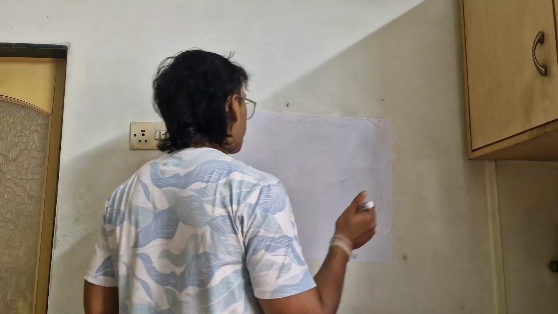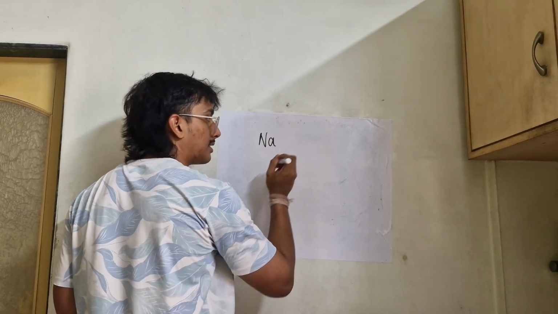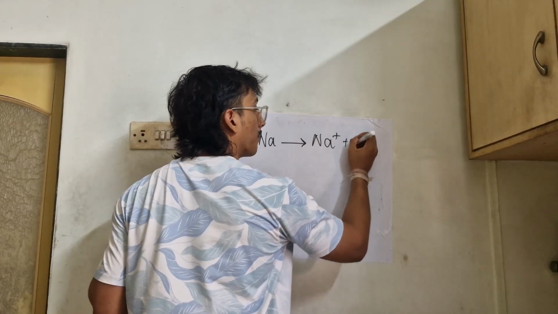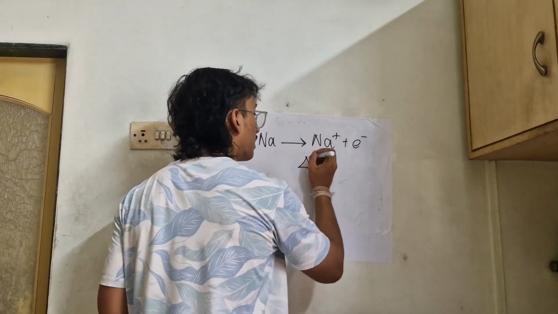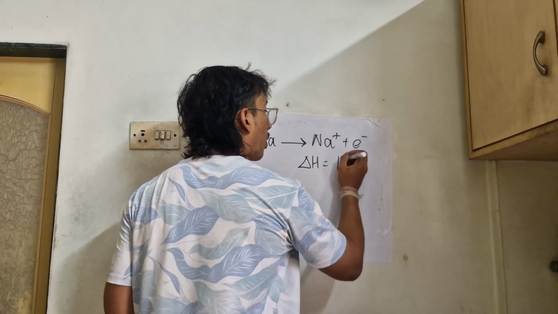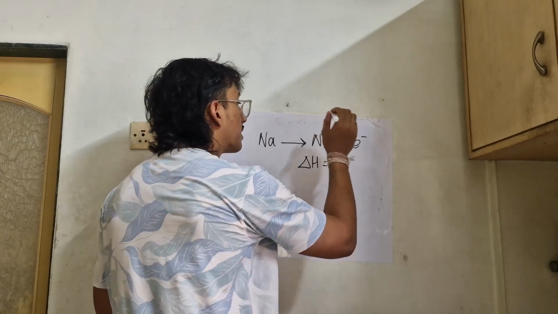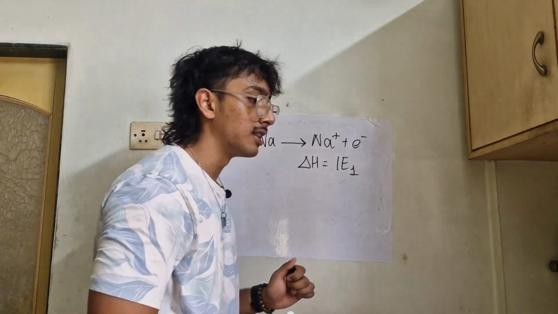So that's there. Say if I want to take a metal, let's take an example, sodium, and I want to chuck out an electron. The energy that is required for this is what I call the ionization enthalpy. Since I'm taking out only one electron, I call it the first ionization enthalpy.